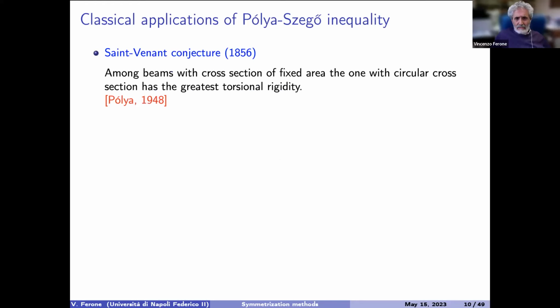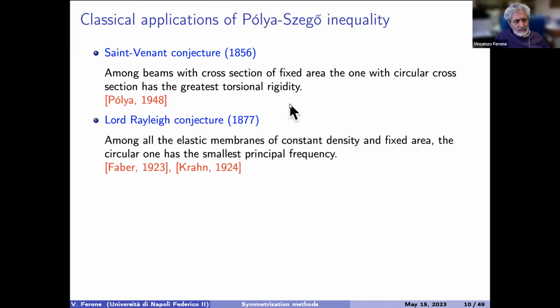Just to understand how this works, I can quote some very classical applications of this Pólya-Szegő inequality. One is the conjecture by Saint-Venant about beams with cross-section of fixed area, proved by Pólya, which says that the circular cross-section has the greatest torsional rigidity.